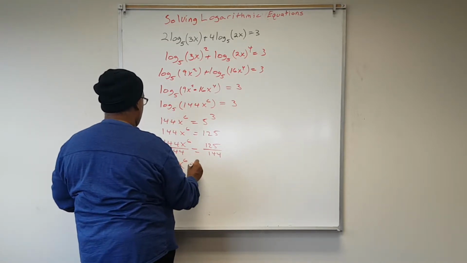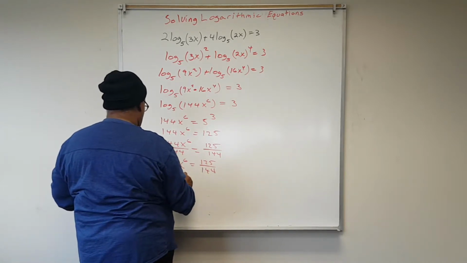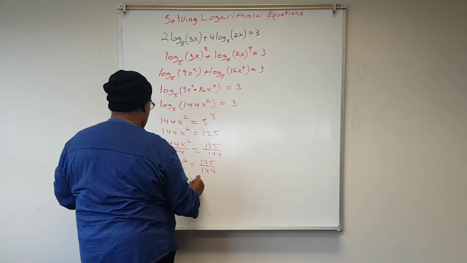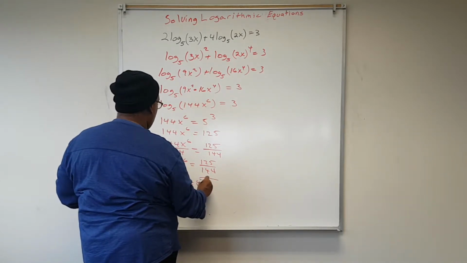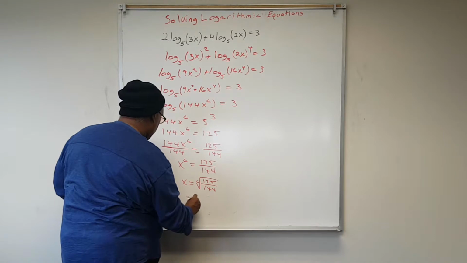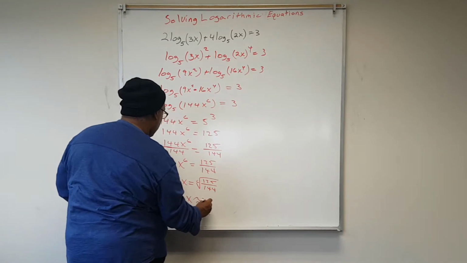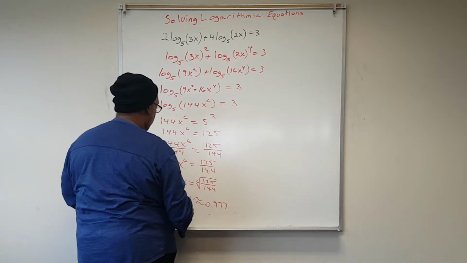X to the 6 equals 125 over 144. X equals the 6th root of that fraction, 125 over 144. So x is approximately 0.977.